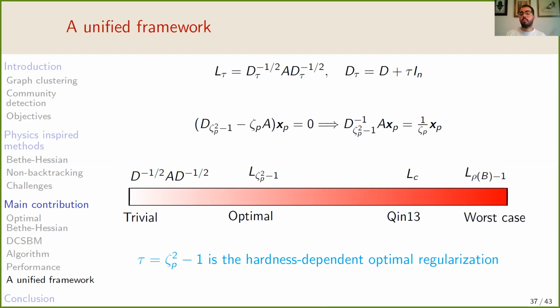And the black dots are the algorithm of Kaul and Rohe, which proposed tau equal to the average degree, tau equal to c, which is close but not equal to the worst case regime, and as a consequence yields in general good performances but does not reach the detectability threshold, unlike L of zeta p squared minus 1.